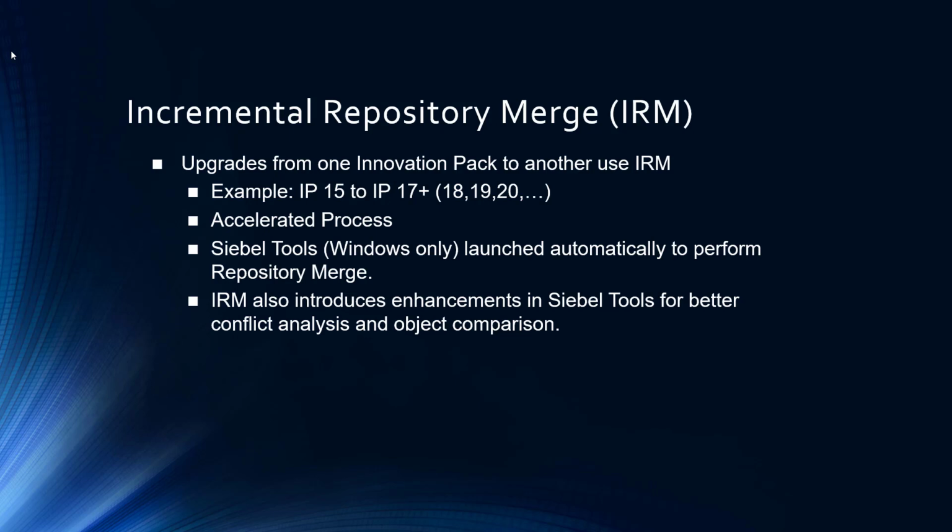And IRM also enhances Siebel Tools a bit, so you have even better conflict analysis, identification, and comparison of objects before or after the upgrade. So IRM is the repository merge that runs automatically as part of the UPG rep step.